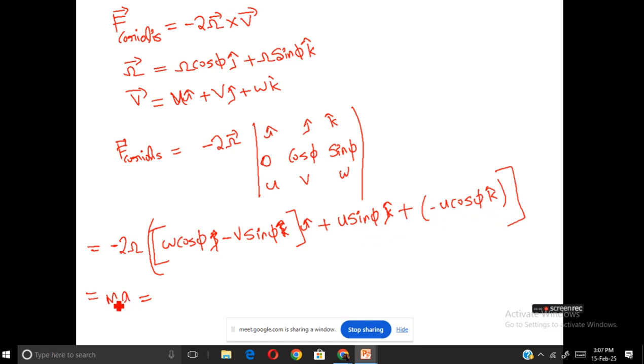And if we consider a unit mass, m equal to 1, then only acceleration is left, which can be written as the differential of velocity: du by dt i plus dv by dt j plus dw by dt k. So we have three components of the Coriolis force along the i, j, and k directions.